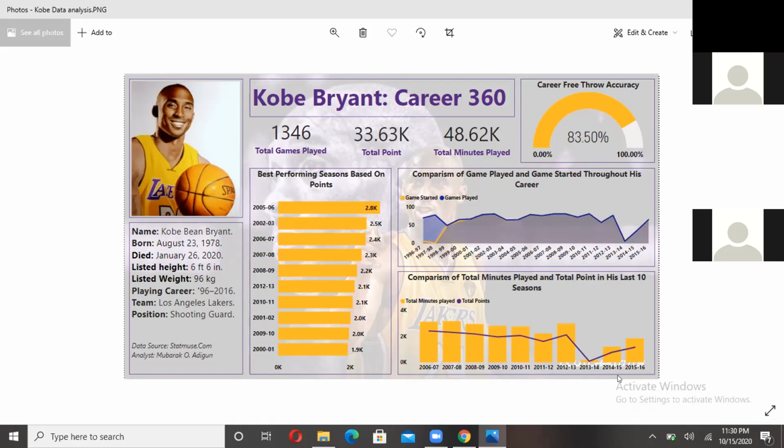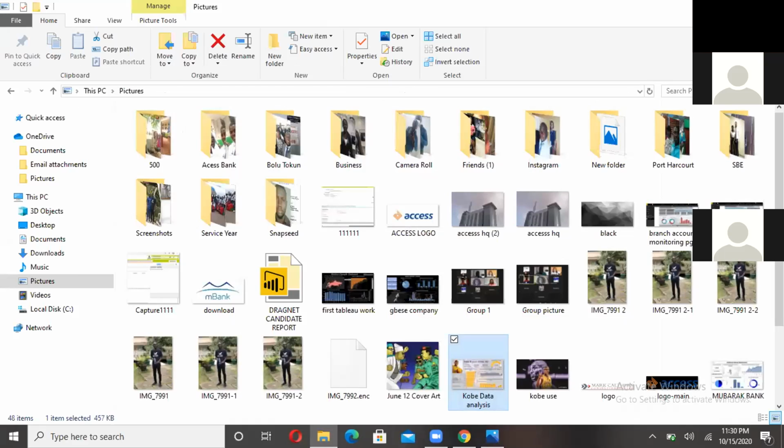Obviously his 2013 was lowest for obvious reasons, the injuries and stuff. So total games played, total points, total minutes played, etc. And I had a brief biography of him on the left-hand side. So yeah, that's that.